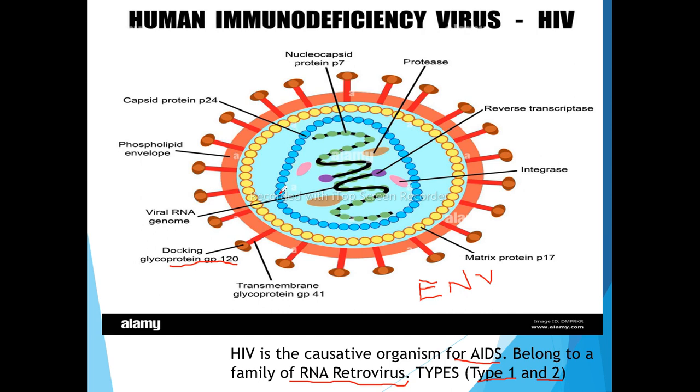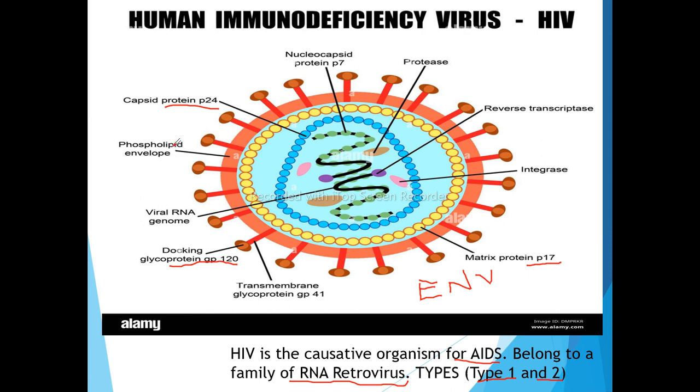So it is the antibodies against P24 which are detected when you do the HIV test, such as the ELISA or the Western blot. The matrix protein P17 and the P24 proteins are produced by the gene which is called the gag gene.